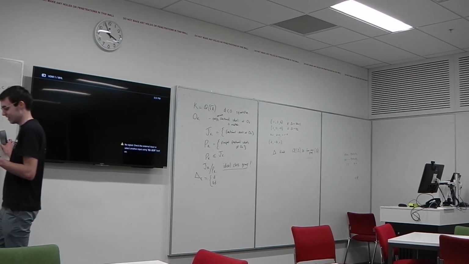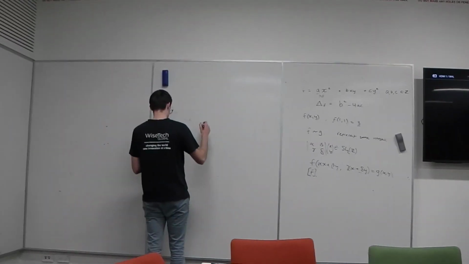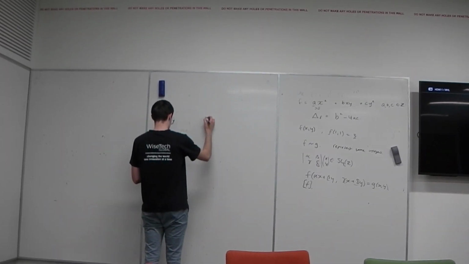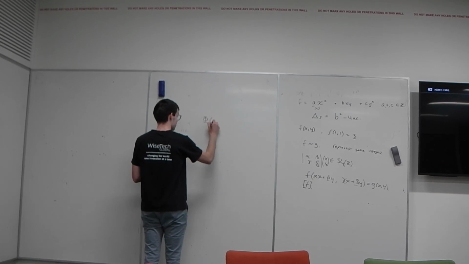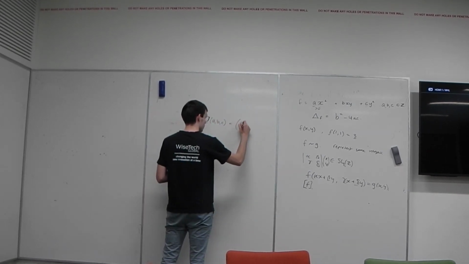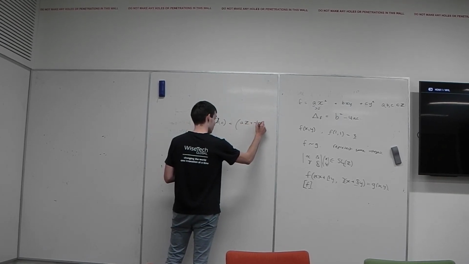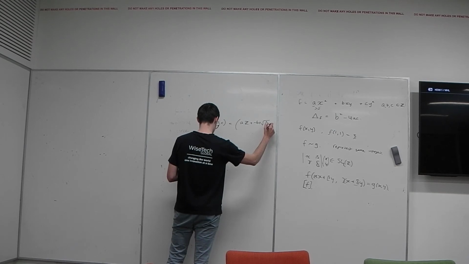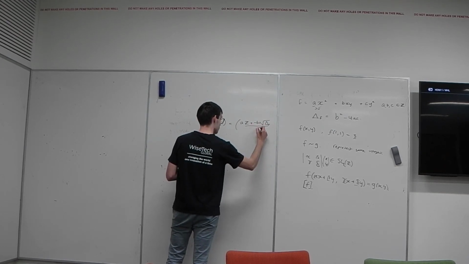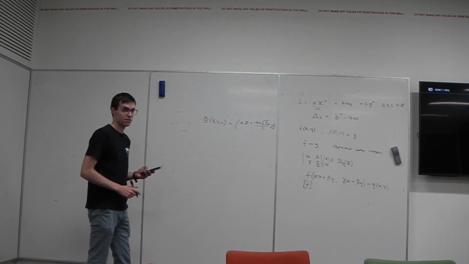So the ideal of this is the isomorphism of (a, b, c) is equal to a Z plus (minus b plus the square root of delta) over 2 Z. That's one direction, so that's easy.